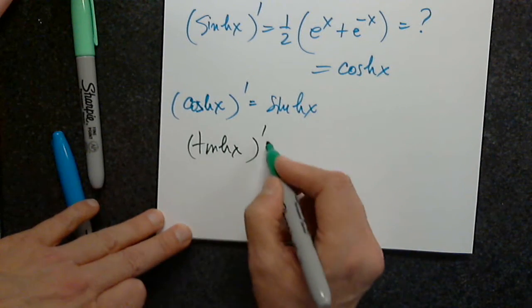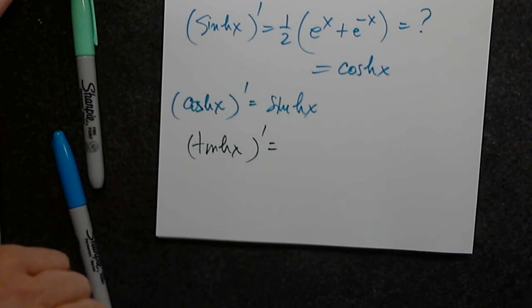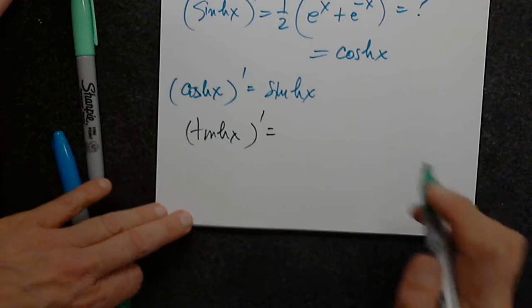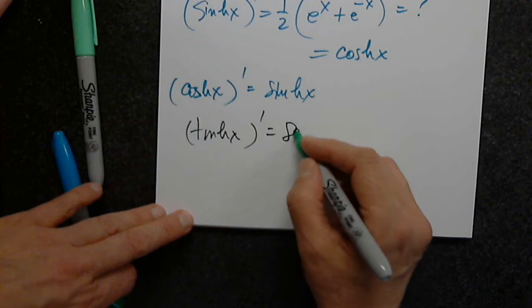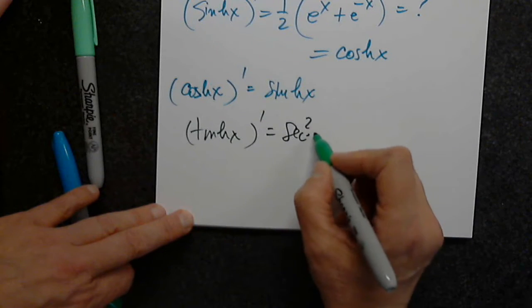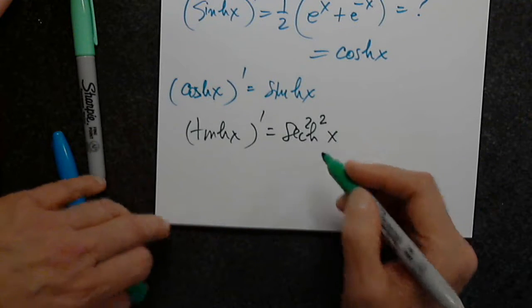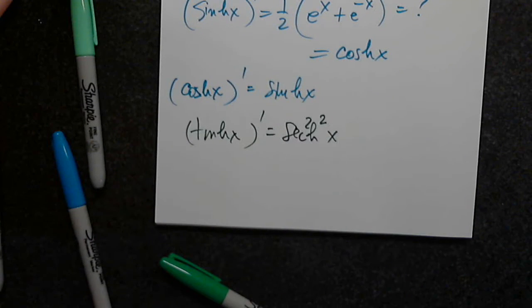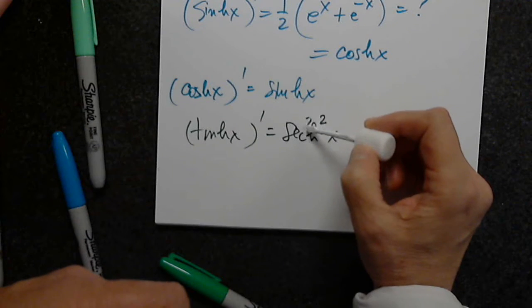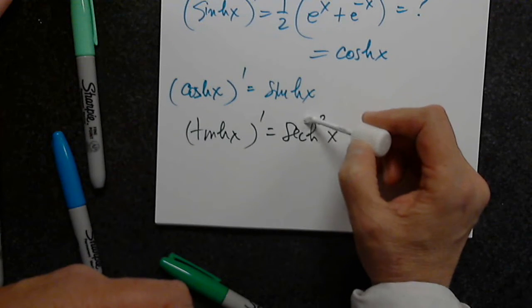Hyperbolic tangent prime is the same thing as we know it from the trig functions, which is, yes, secant squared. I remember the 2 has to be after the h. Sorry about that, I rushed. So it's hyperbolic secant squared of x, of course.